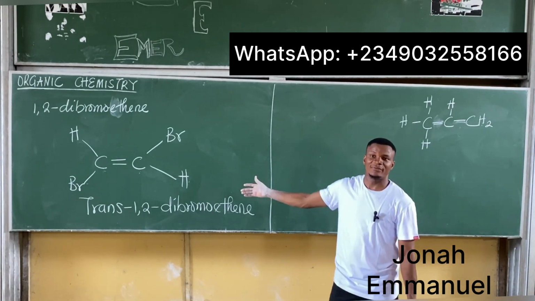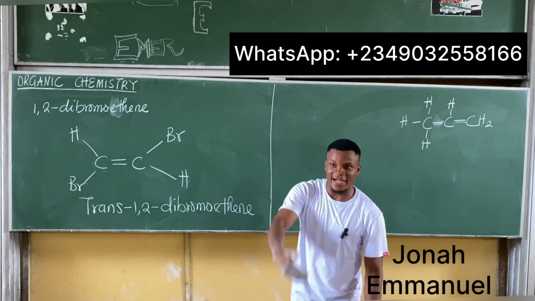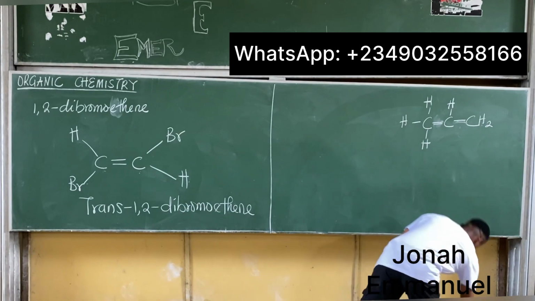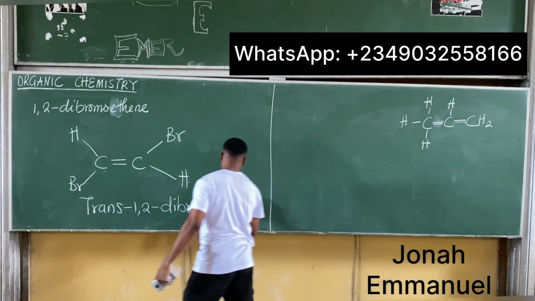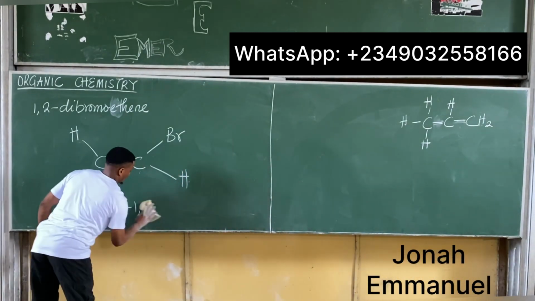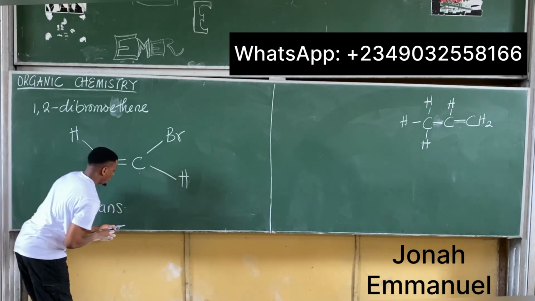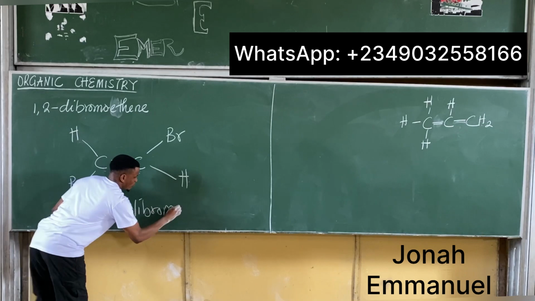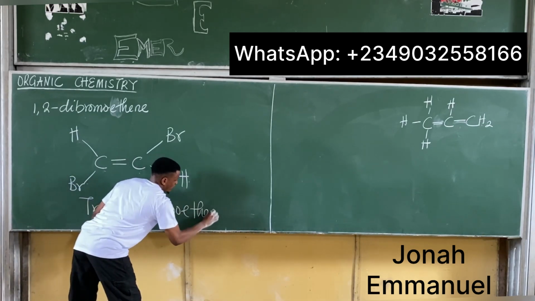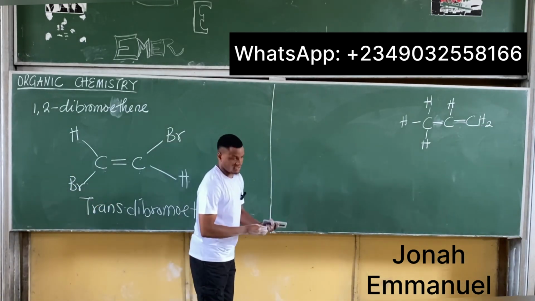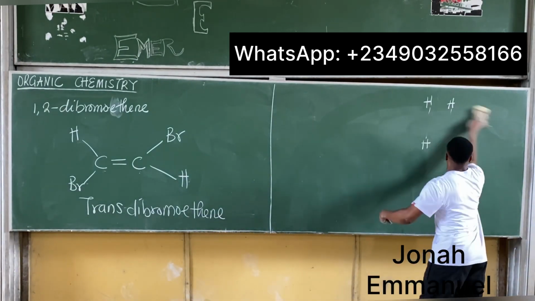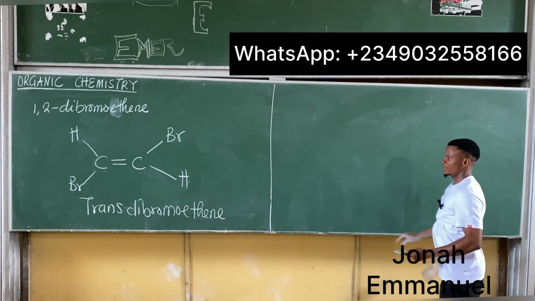So what should it be there? Trans dibromo 18. Yeah, so better still. And then get the cis.